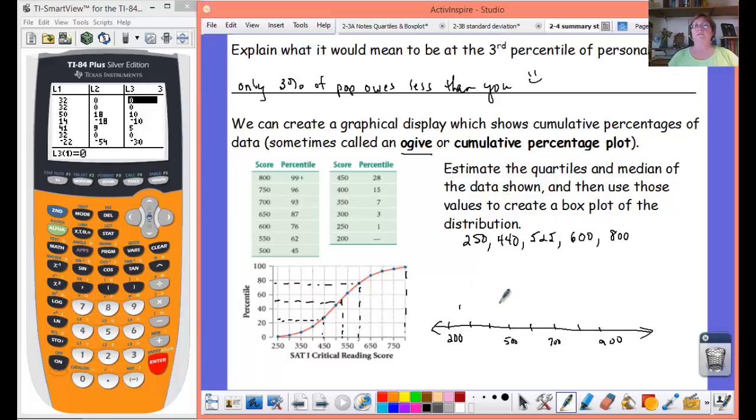Well, you know the drill. And there's our box plot.